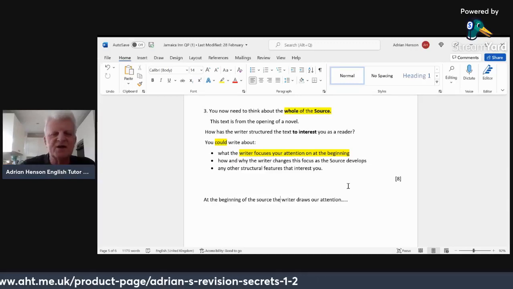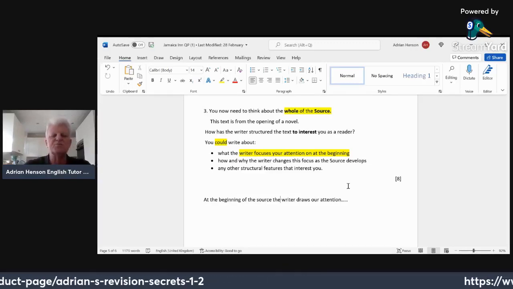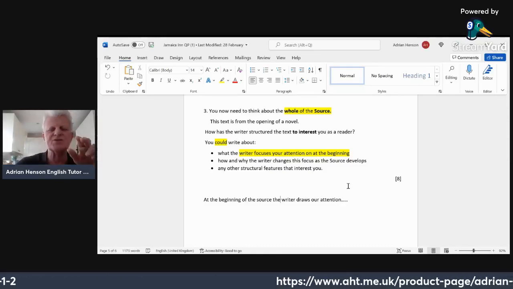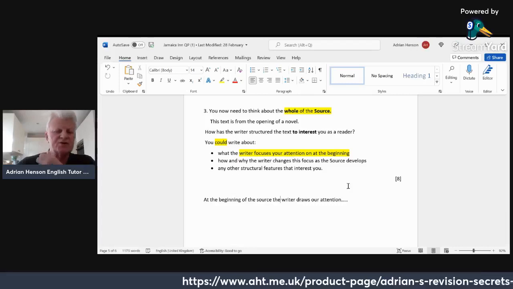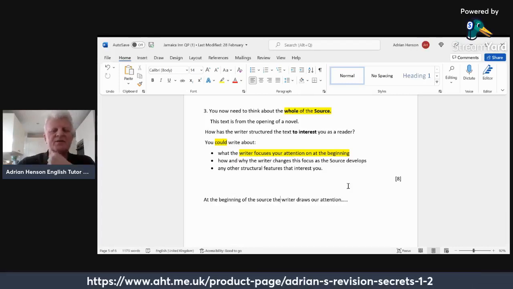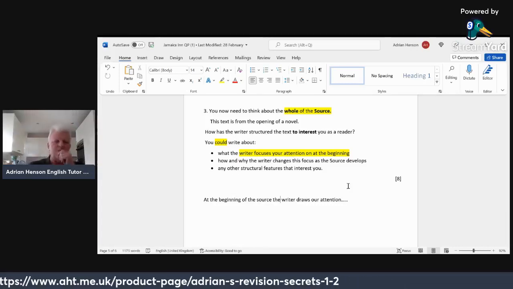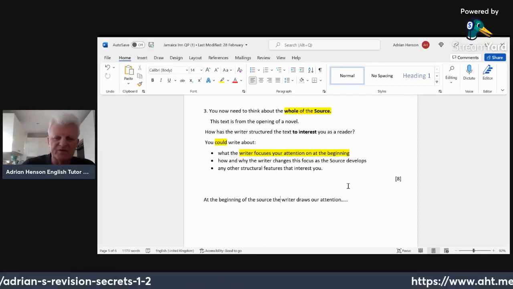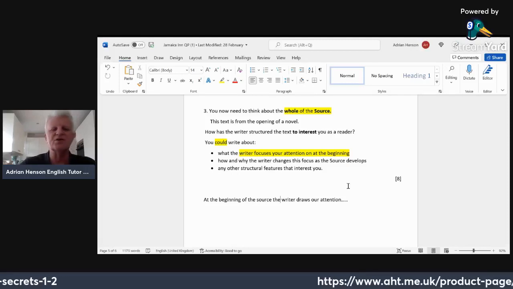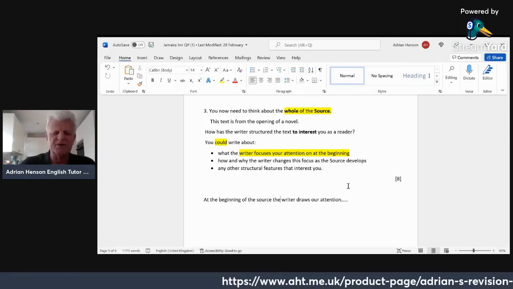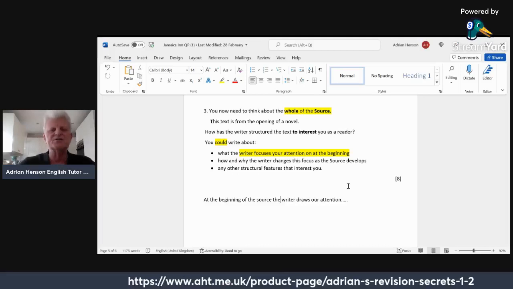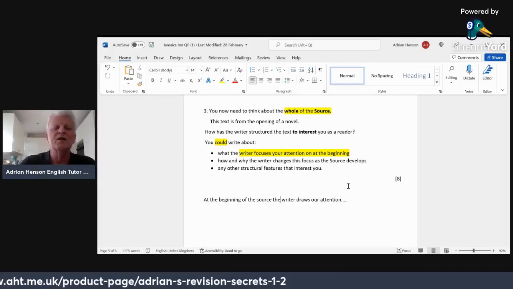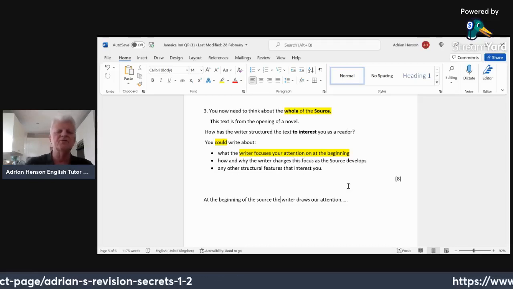Now, at this point in my strategy, this will be the 3rd question that you're doing. It is question number 3, but we would have already done question 5 and question 4, and now question 3. And in some ways, it's better that the structure question is done first, because a lot of the students don't find the language question as hard, because language and similes and metaphors and all those sort of things were taught in primary school very well, and many students still remember those sort of things.